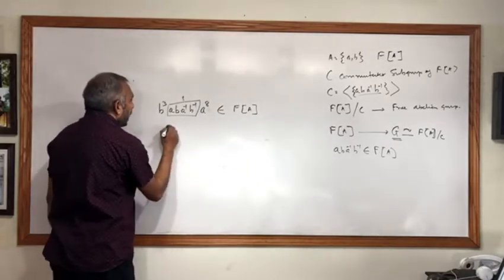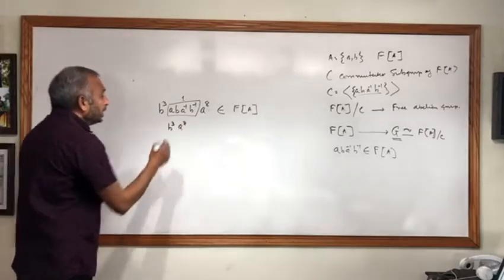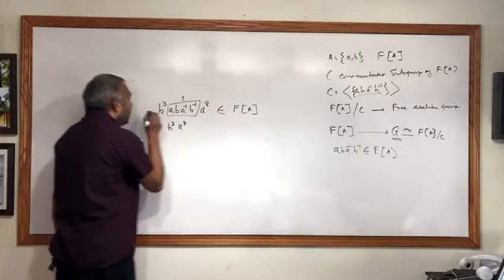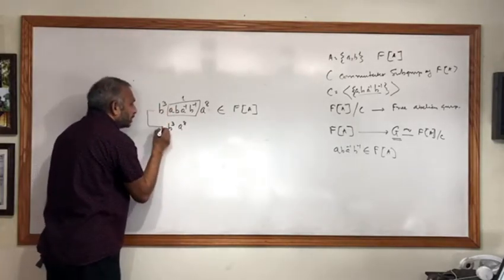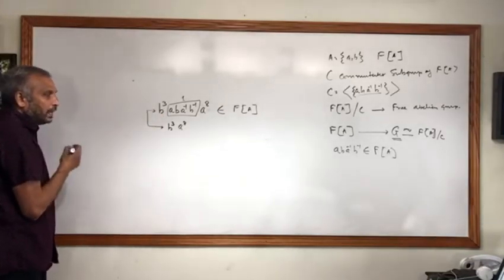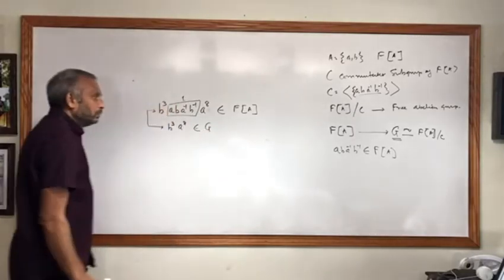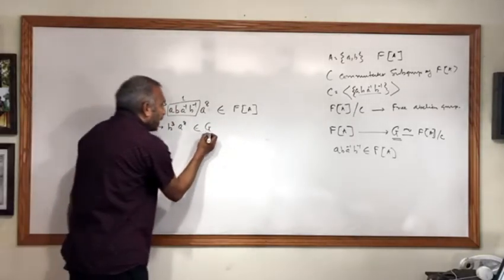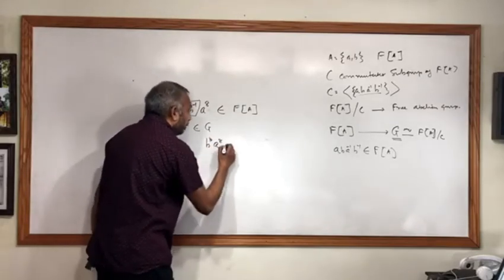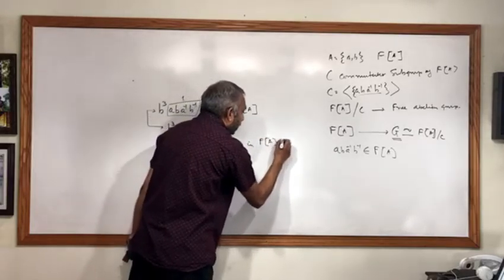So it will be B cube A to the power of 8. This also belongs to f of A, but in f of A, this element is different from this element. Okay, this belongs to our G, and it is actually identified as B cube A8 plus C in f of A over C.